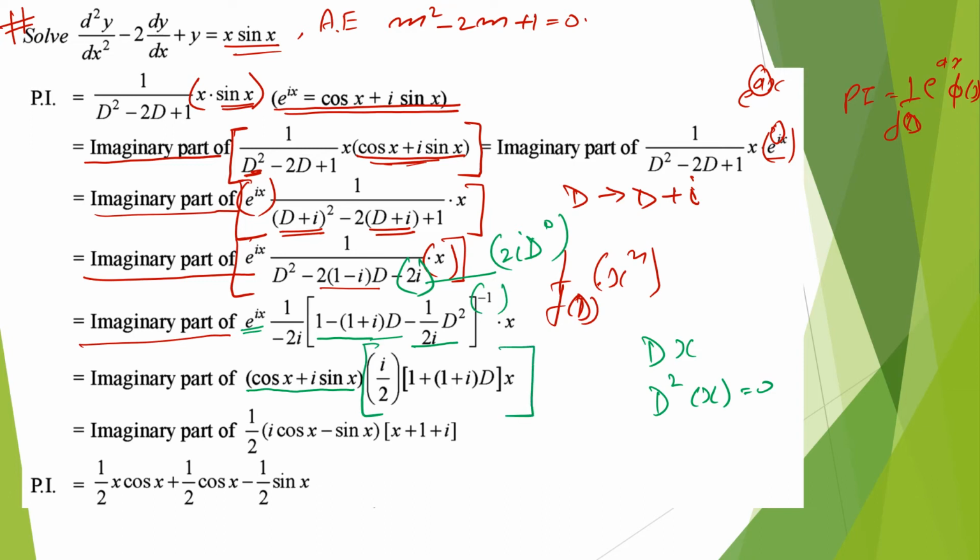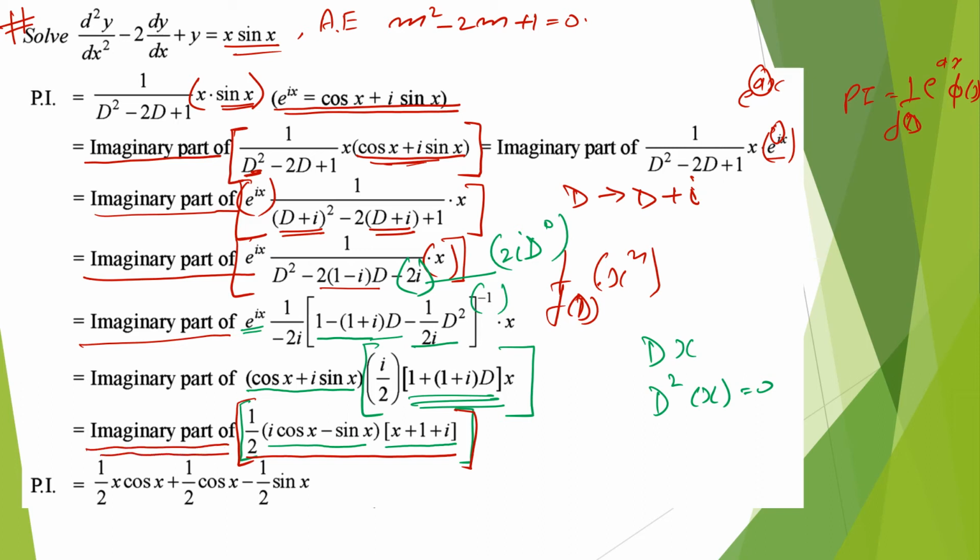Now x is multiplied into the inner part of the left side term. We get the imaginary part of 1 by 2 iota cos x sin x and x plus 1 plus iota. After multiplying the complete terms of this bracket, we only have to consider the imaginary part.